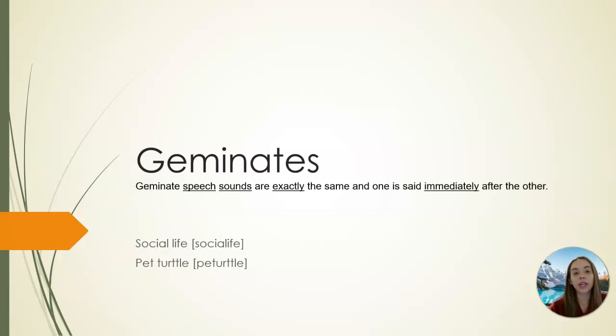The next one is geminates. Geminate speech sounds are exactly the same and one is said immediately after the other. So in this part we have two words, and the first one has the letter at the end that is the same as the letter at the beginning of the next one.